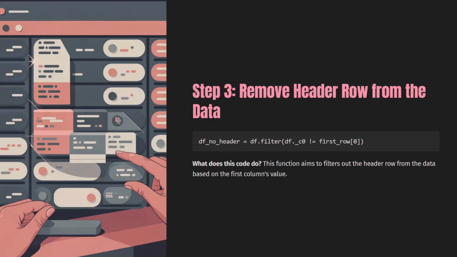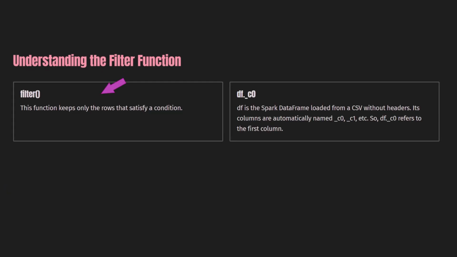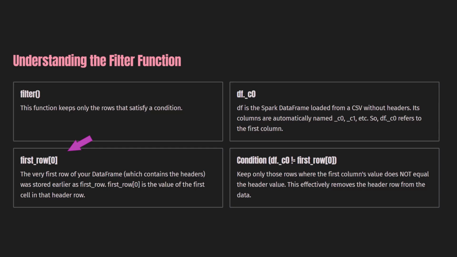The filter function keeps only the rows that satisfy a condition. Here df is the Spark data frame loaded from a CSV without headers. Its columns are automatically named _c0 and so on. So df._c0 refers to the first column. first_row is the very first row of your data frame, which contains the header and was stored earlier.